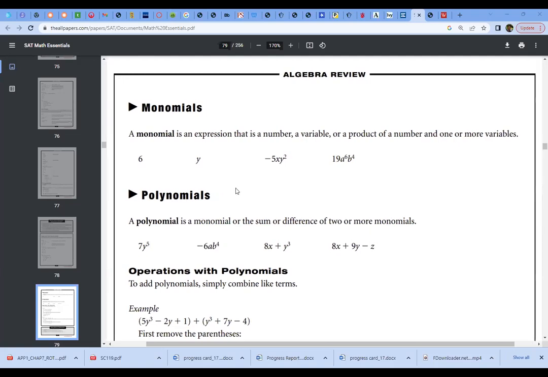I think this is by mistake. Negative 6ab to the power 4 too. These two are monomials. Maybe they were put here by mistake. Okay, yeah, you're right.